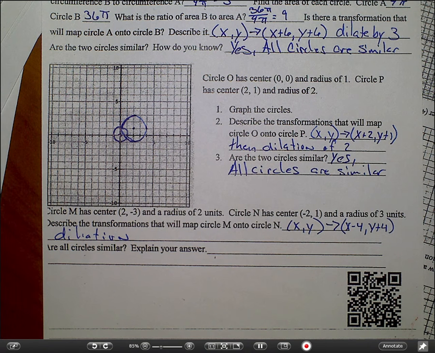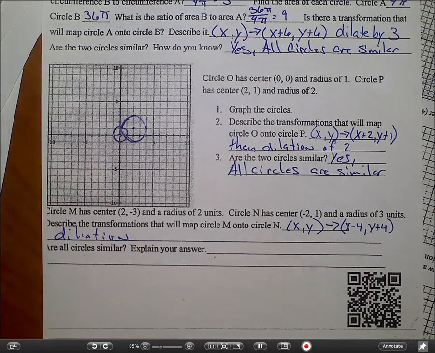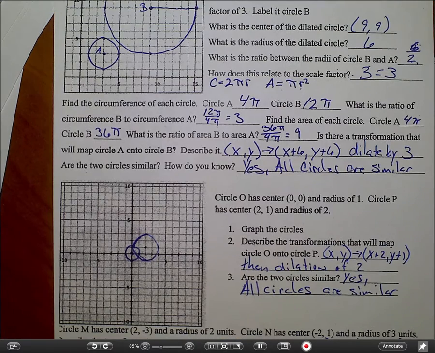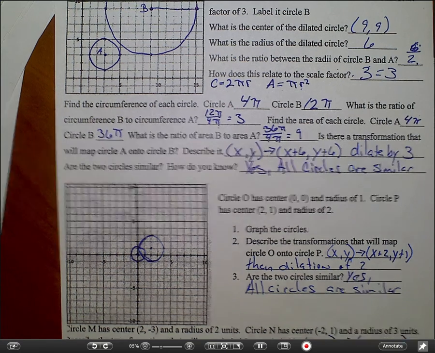Okay, look at the top problem, please. How do we figure out the scale factor? It's the second one divided by the first one. My first radius was 2, and the second radius is 3.